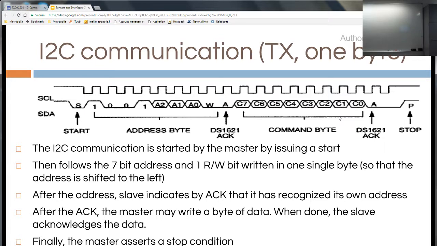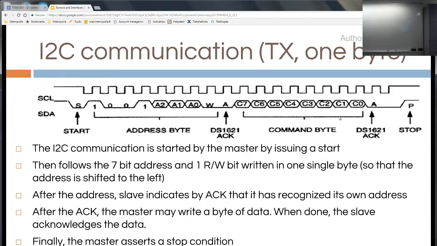that device, if it's there, must set the acknowledgement down, so data down for one clock cycle. Telling, yes, I'm here. So there was a device that answers to that address. Excellent. That's a good start.